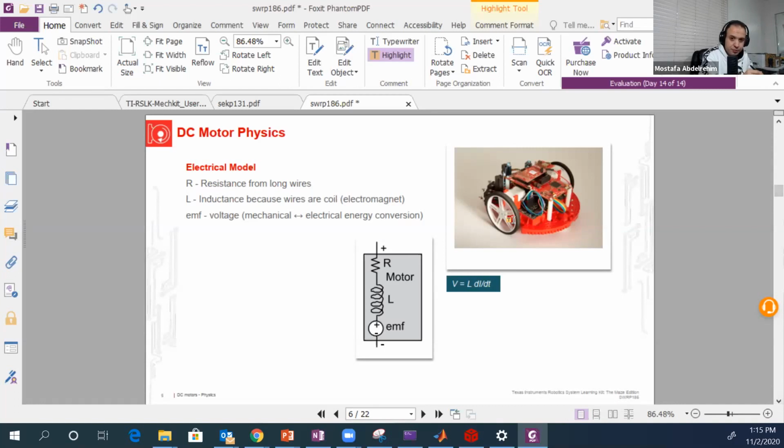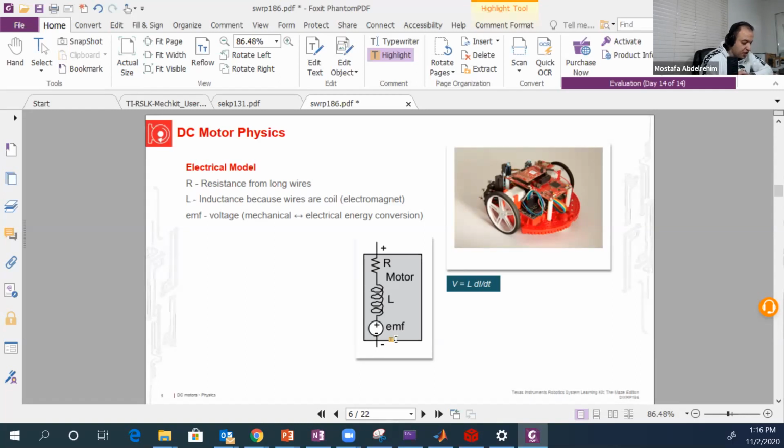The motor, as I said, is just wire. This wire can be represented as a circuit model: a very small resistor, a coil, and what we call induced EMF. If you remember from physics, whenever you conduct current in a coil, there will be a reverse induced EMF.